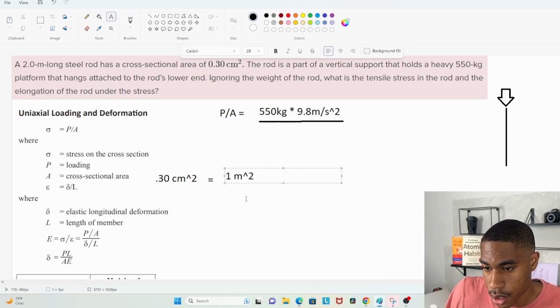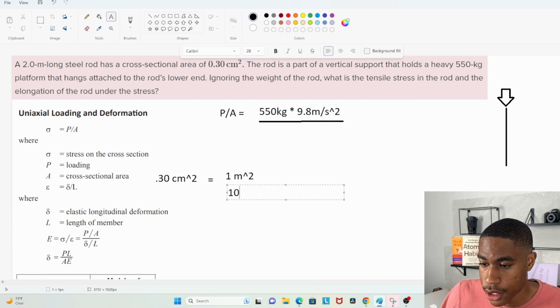How much is 1 centimeter compared to 1 meter? So we know that 100 centimeters is equal to 1 meter, right?